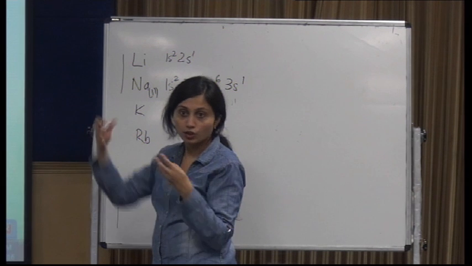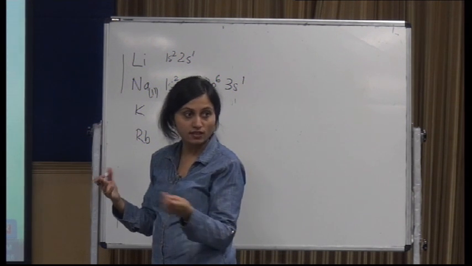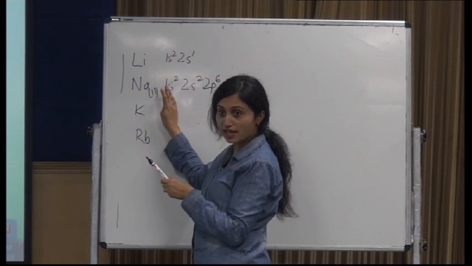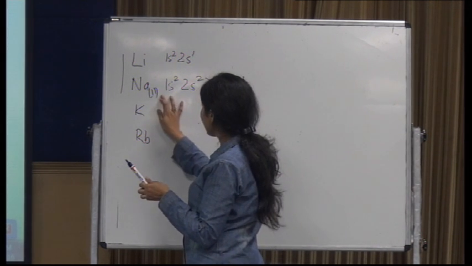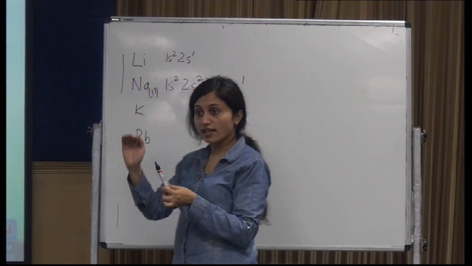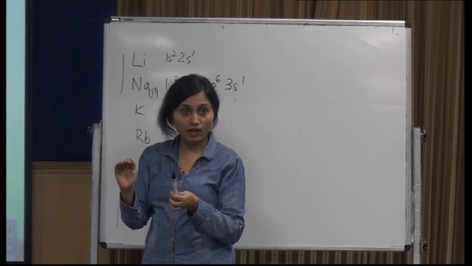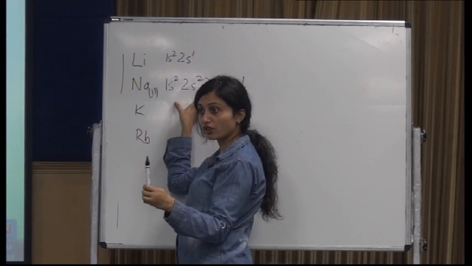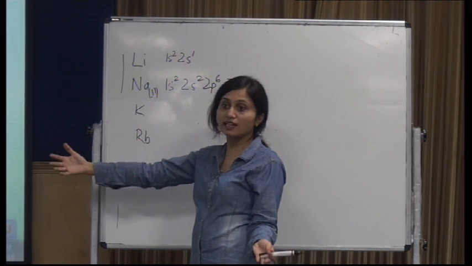Nucleus also has protons. So basically when you have addition of shells, first of all the effective nuclear charge is lowered a little. Why? The repulsions faced will be larger, and one basic important reason is extra shell means increase in size.